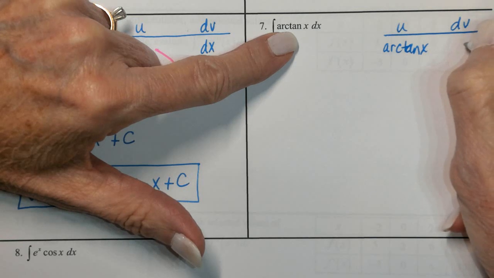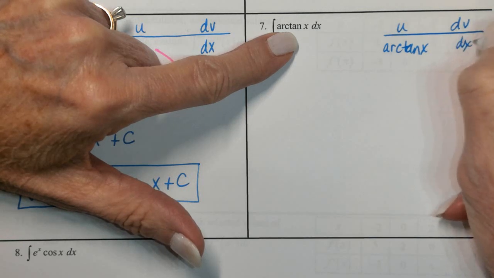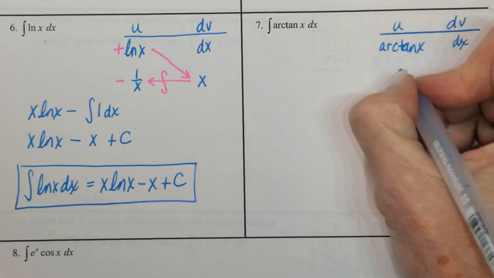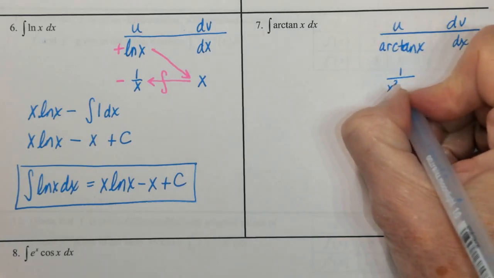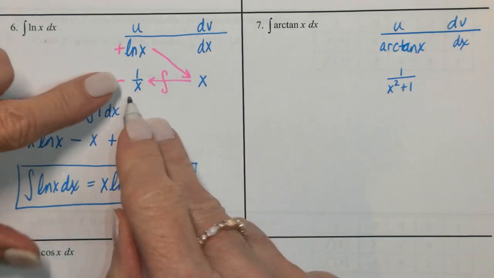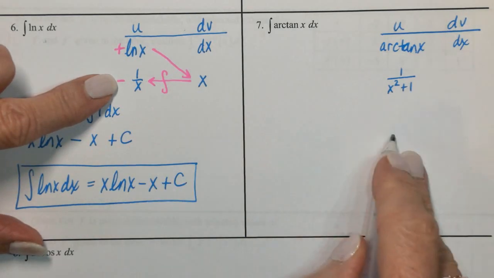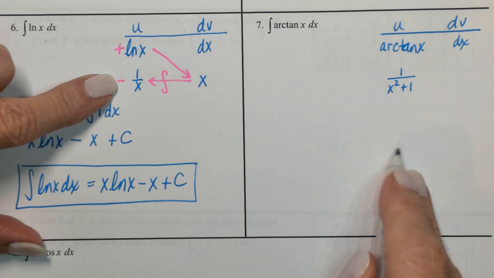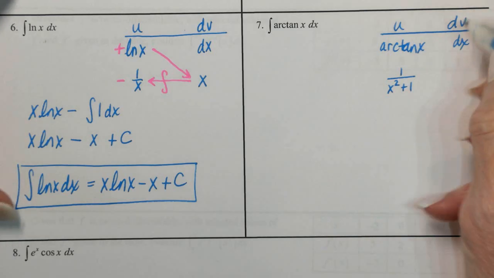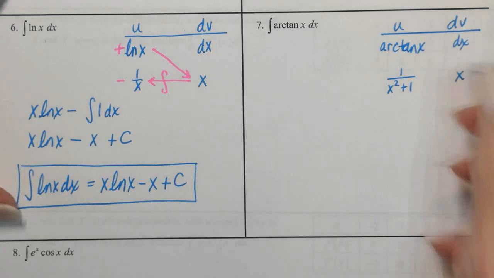Okay? dv is everything else. The derivative of arctan of x is 1 over x squared plus 1. Just like with ln, if we kept taking derivatives, we would never get down to 0, so stop, just pause. The integral of dx is x.